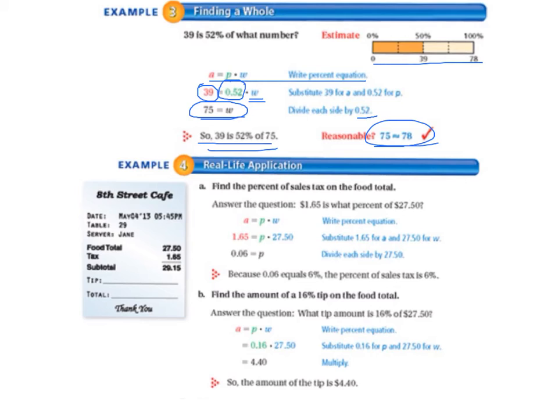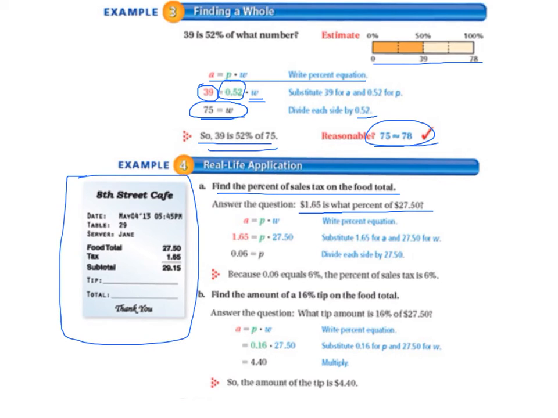Example 4 is a real-life application. We're going to find the percent of sales tax on the food total. So we're going to answer the question, $1.65 is what percent of $27.50? So we're given this receipt to look at, and we write the percent equation. $1.65, that's our part, equals what percent, that's the question, that's what we're solving for, of $27.50, that's the whole.